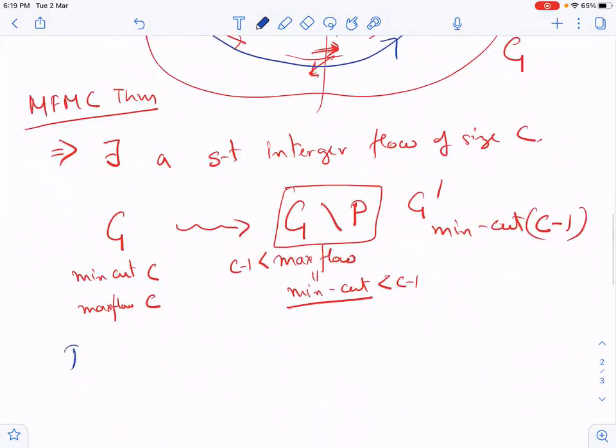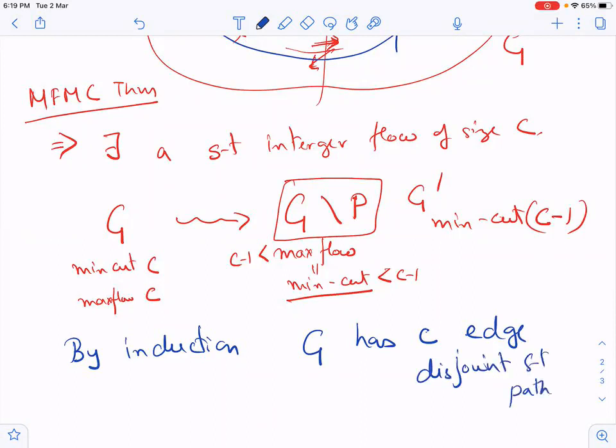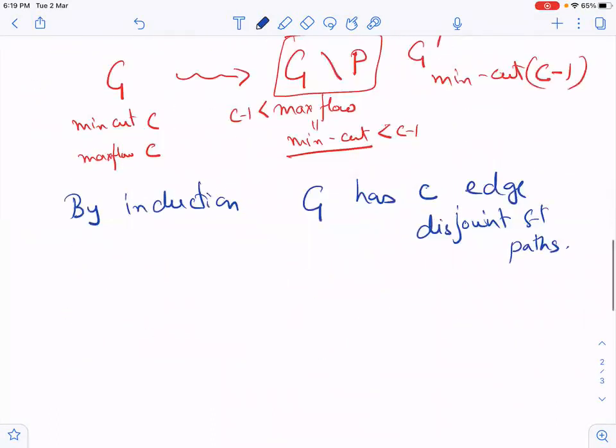So by induction, I am not going into the details of writing the induction, but you can see why it is happening. If you cannot, just let me know. By induction, we know that G has C edge disjoint S-T paths. And this is Menger's theorem.